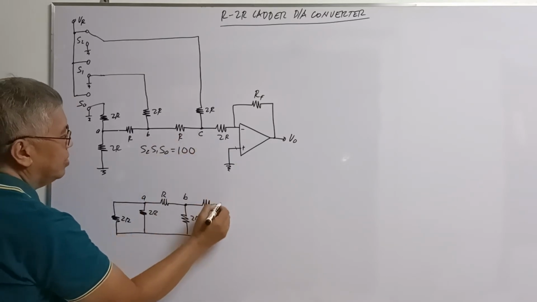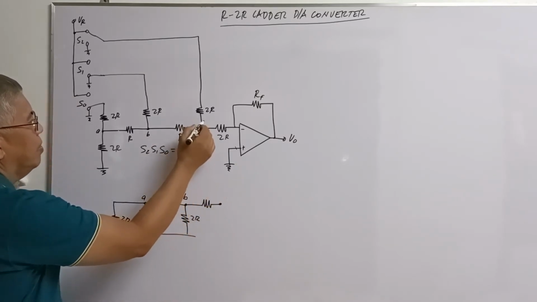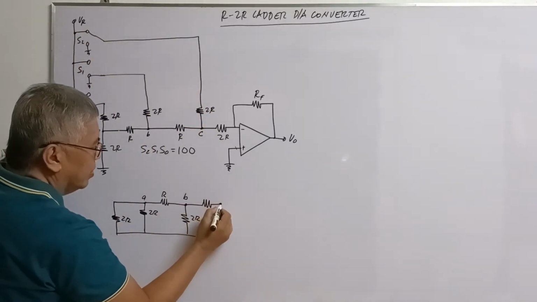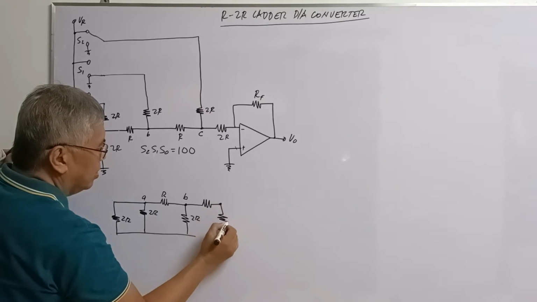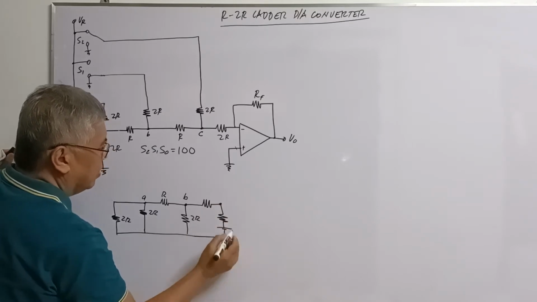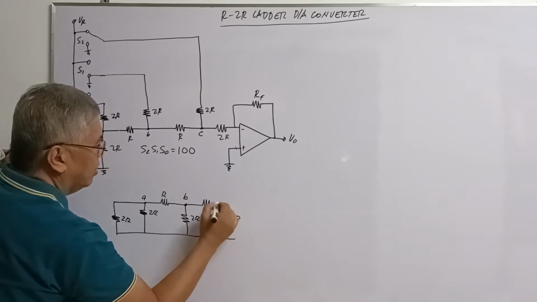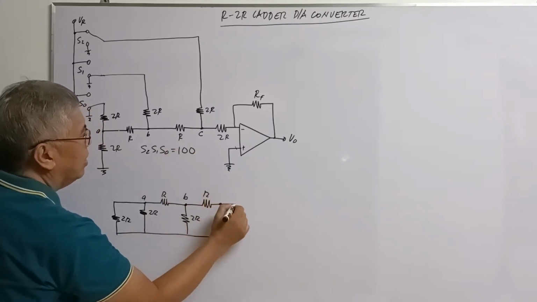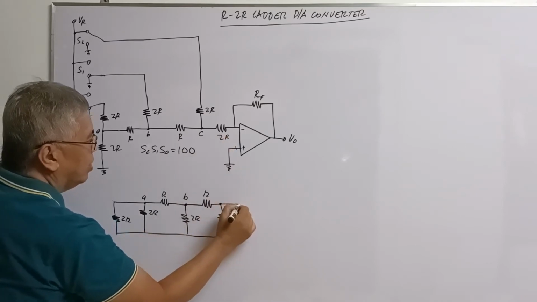And then point C. Then you have 2R connected to the source. So you have 2R, this is your R, and then another 2R here.